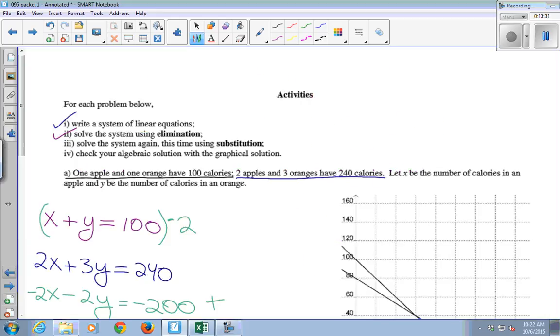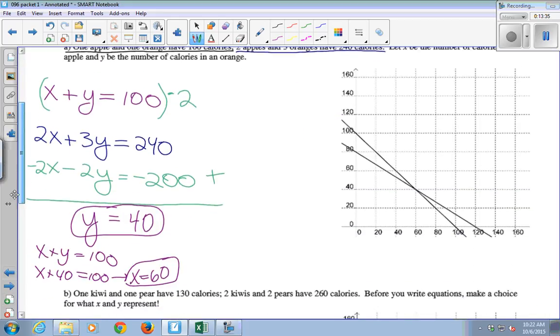And the class before this one, we were solving these things graphically, right? So if I graph these two equations, this one is the equation x plus y equals 100. This one is the equation 2x plus 3y equals 240. So in the class where we did this graphically, you graphed the lines yourself.